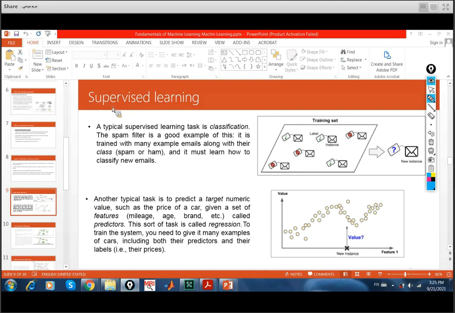Another thing in supervised learning: if we have, for example, circles, such as the price of a car. This circle is the price of a car, for example.